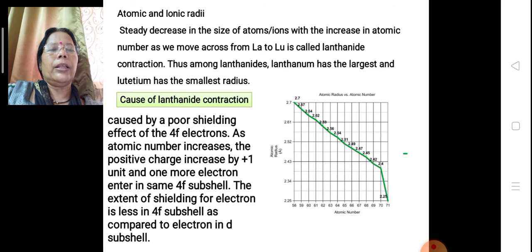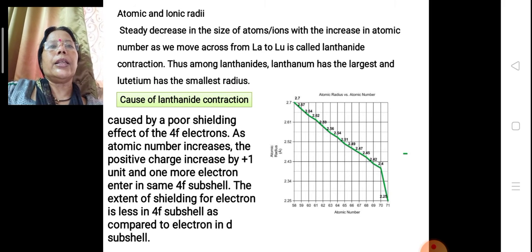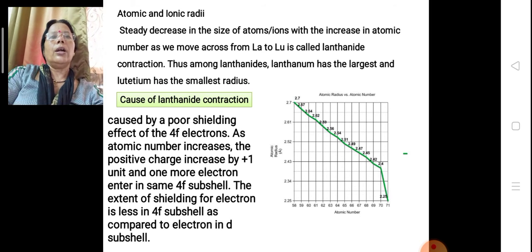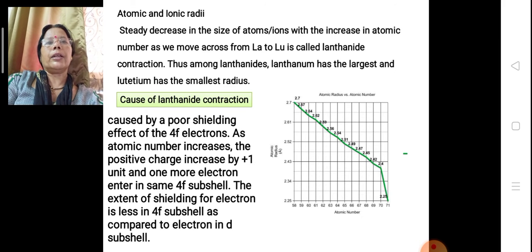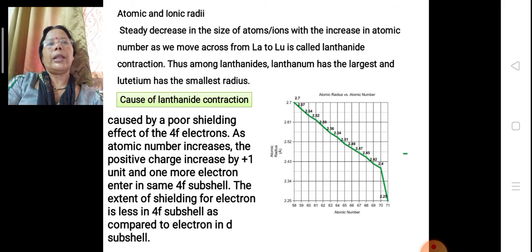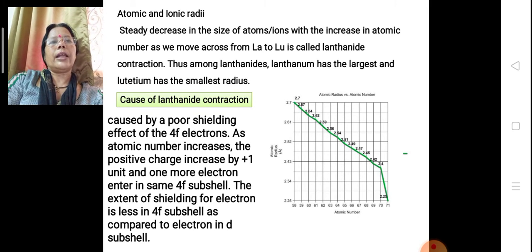The atomic and ionic radii. The steady decrease in the size of atoms and ions with increasing atomic number as we move across from lanthanum to lutetium is called lanthanide contraction. Thus, among lanthanides, lanthanum has the largest and lutetium has the smallest radius. It is caused by the poor shielding effect of the inner 4f electrons.